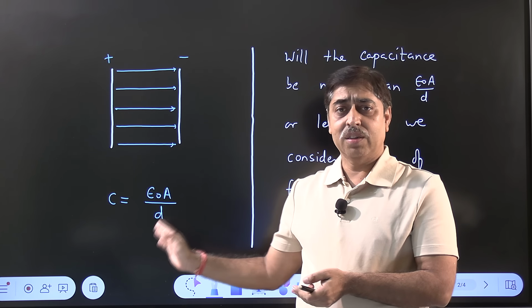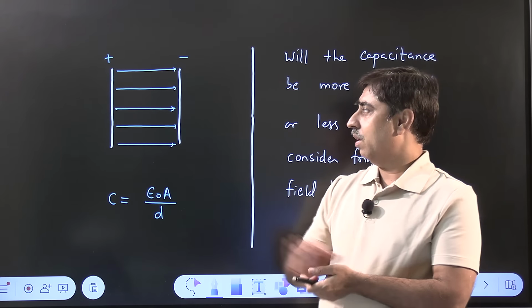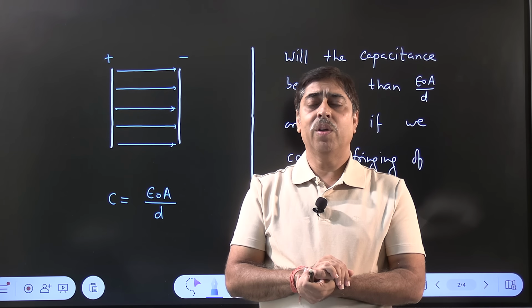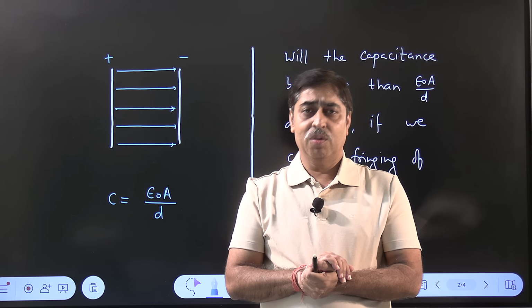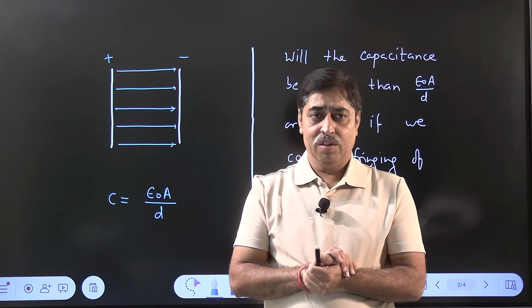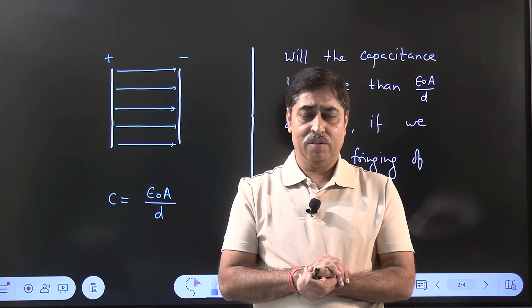While deriving this formula for capacitance, we assume that the electric field is everywhere uniform between the two plates and is directed perpendicular to the surface of the plates. With this assumption, we are able to derive this formula of capacitance.